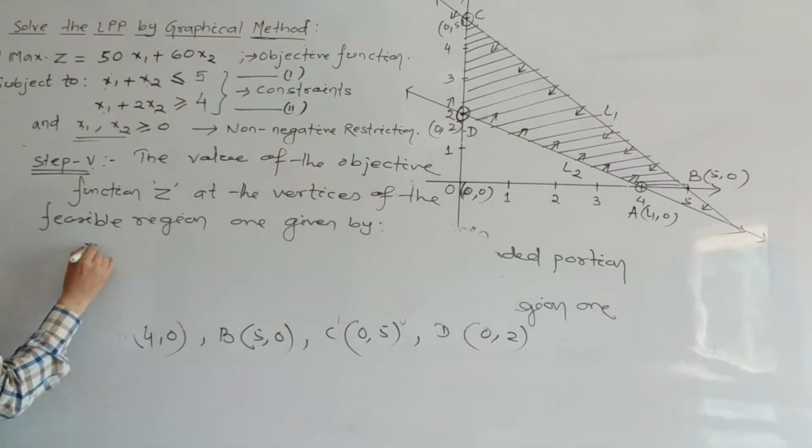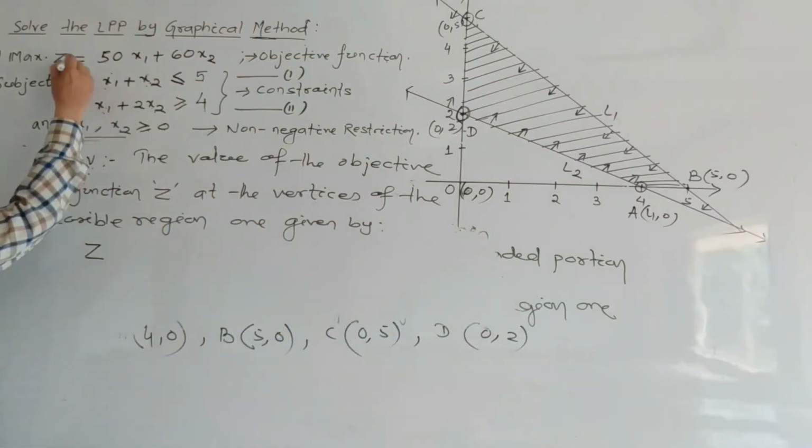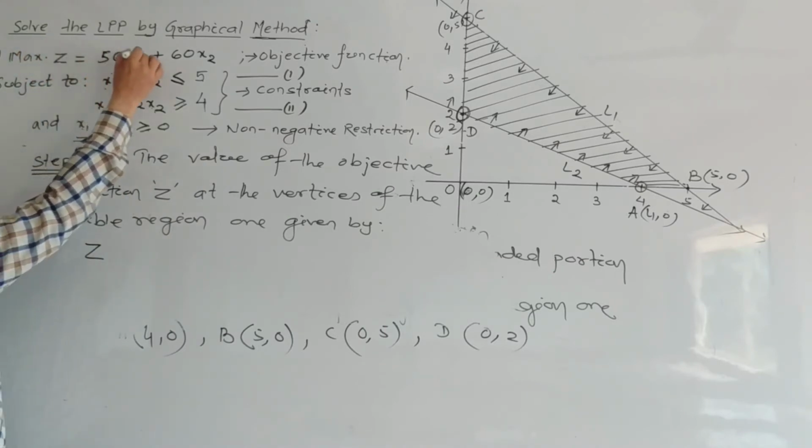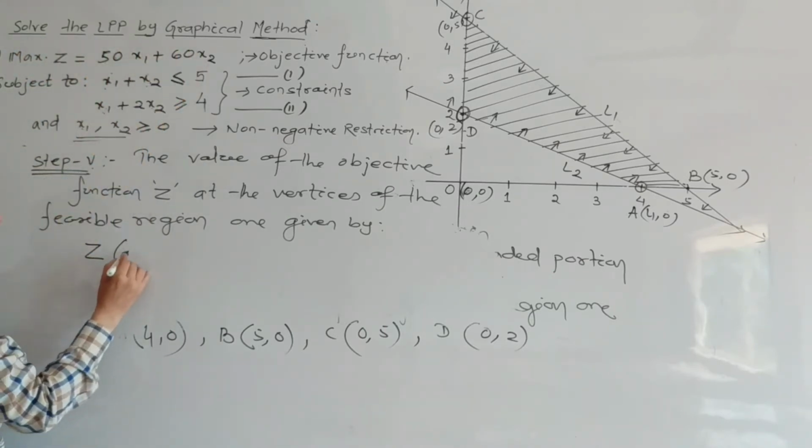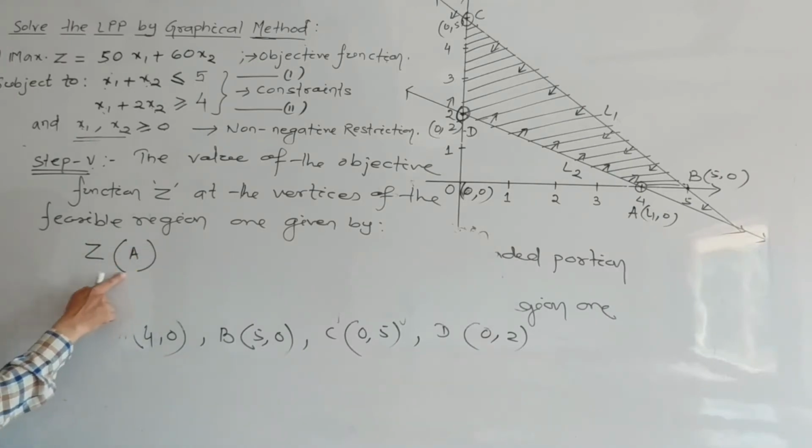So you should write the value of z. Here in the question, z is equal to 50x1 plus 60x2. So z at A.